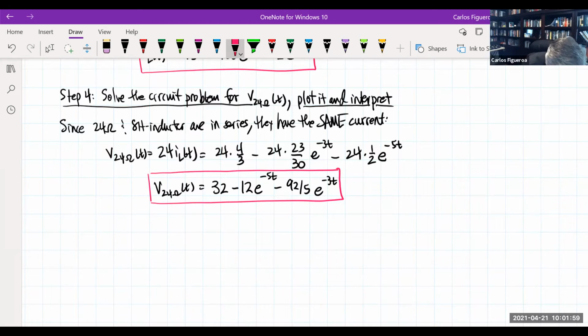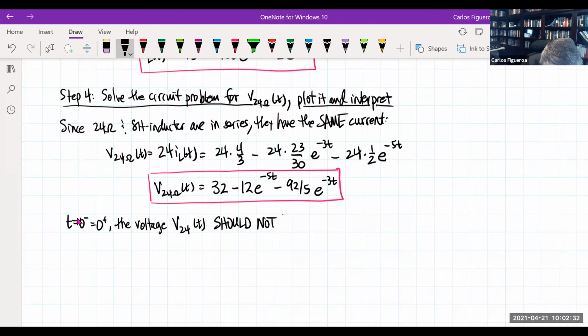Well, at t equal to 0 minus, which should be equal to 0 plus, the voltage V24 of t should not have any discontinuity.